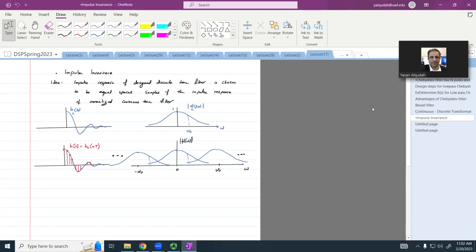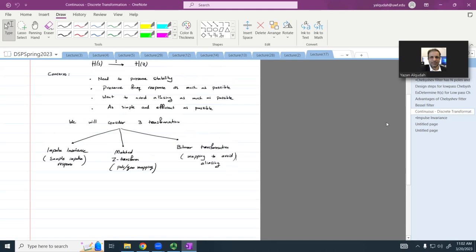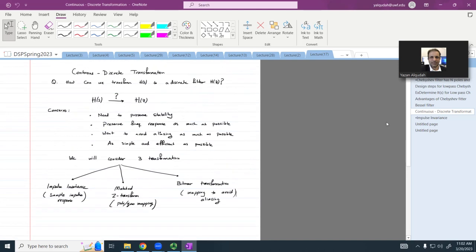Okay, so in the previous class, going back to what we've been doing, if you remember, we were designing filters. And we reviewed the design of a continuous filter. We looked at the Butterworth and Chebyshev, and we mentioned the elliptical and Chebyshev type 2 filters. But then we said we are interested in building a digital filter.